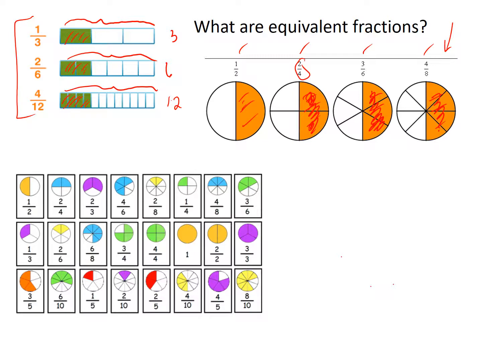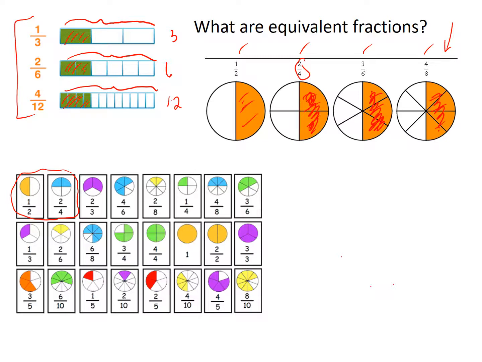The last one is this big, intimidating-looking chart of all these different fractions, and you can look at them. For example, let's look at these first 2. Those are equivalent fractions, 1/2 and 2/4, because even though one is turned from the other, they both cover the same amount of the circle.